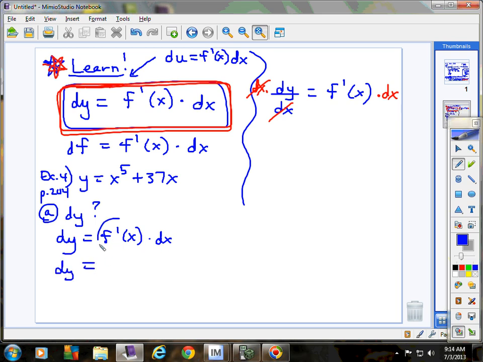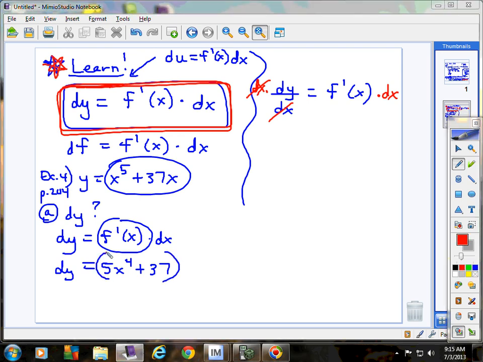So we want the derivative of this stuff. Group 4, what's the derivative? 5x to the 4th plus what? 37, good. And whatever you get for f prime of x, you're going to put it in parentheses. So get your highlighter out, your red pen, whatever you use to make things look important in your notebook, and put parentheses in red.